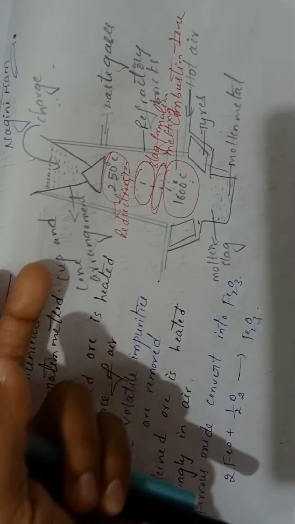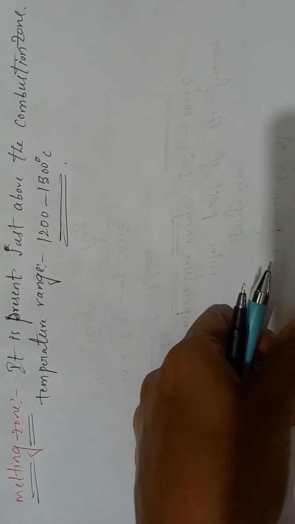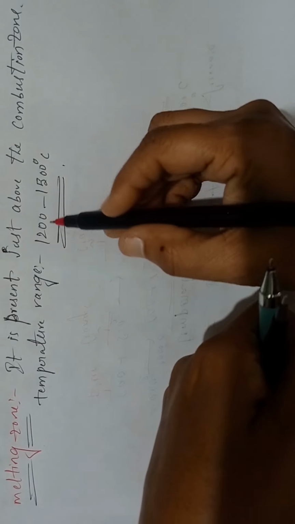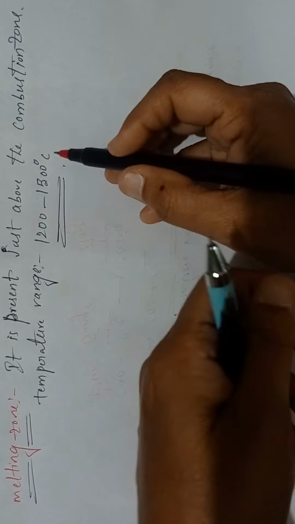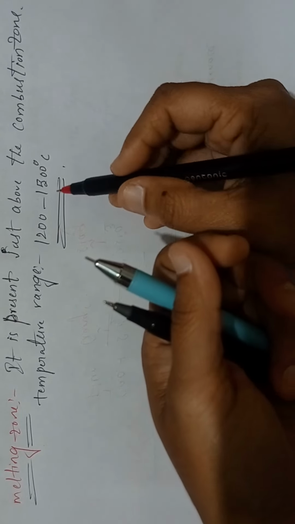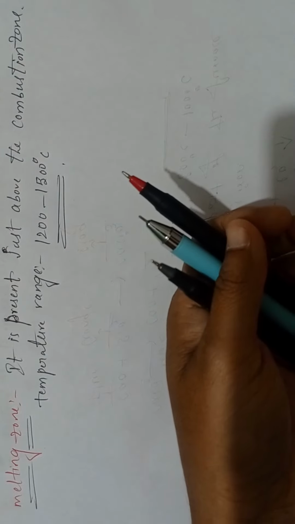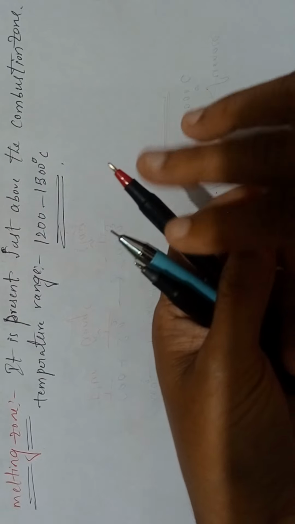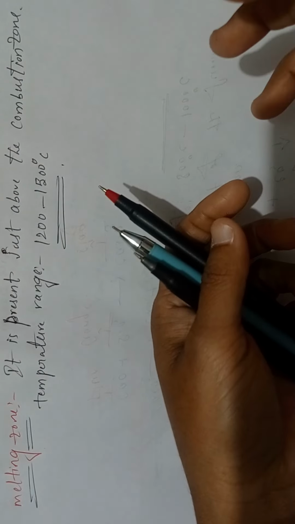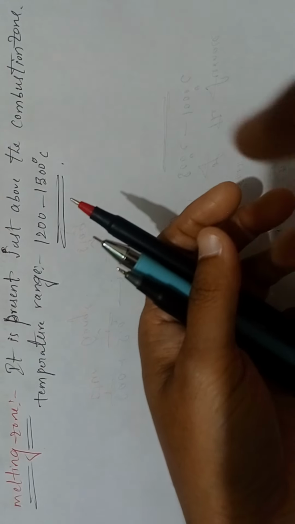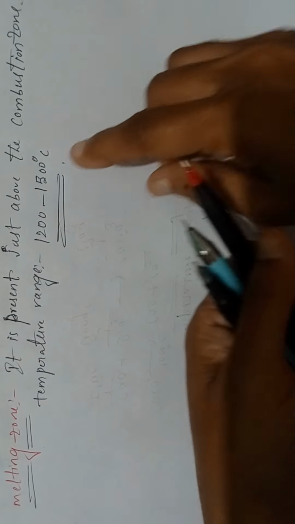Okay. So now we are going to discuss the melting zone. What is happening in the melting zone, students? It is present just above the combustion zone. Here the temperature range is 1200 to 1500 degrees Celsius. In the reduction zone, spongy iron is formed. Correct? That spongy iron is melting, students, at 1300 degrees Celsius.